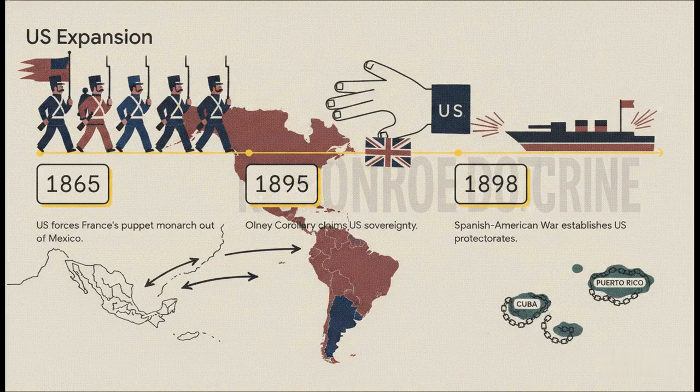Then, jump to 1895, during a border dispute between Venezuela and Britain, Secretary of State Richard Olney made an absolutely staggering claim. He basically declared that the United States was practically sovereign on this continent. Just let that sink in. 3 years later, the Spanish-American War in 1898 really cemented this shift, leaving the U.S. with literal protectorates like Cuba and Puerto Rico.